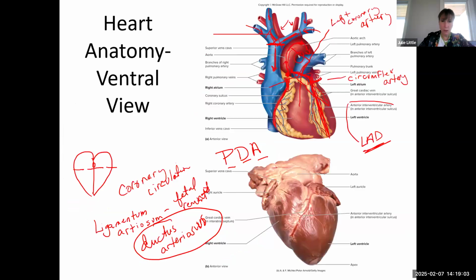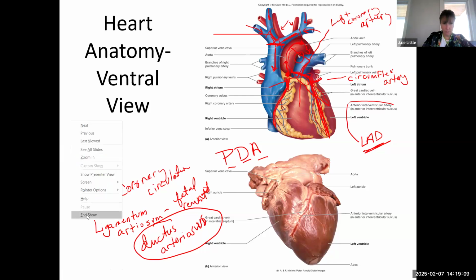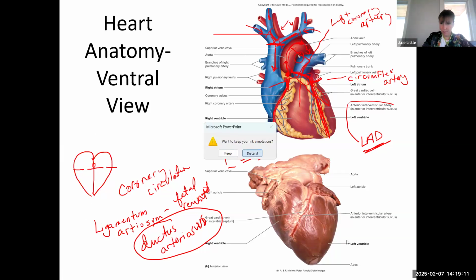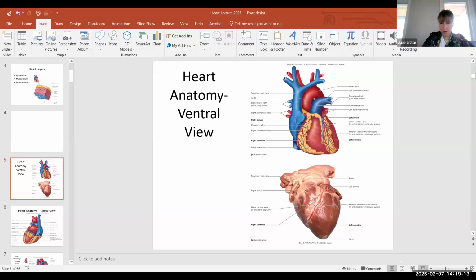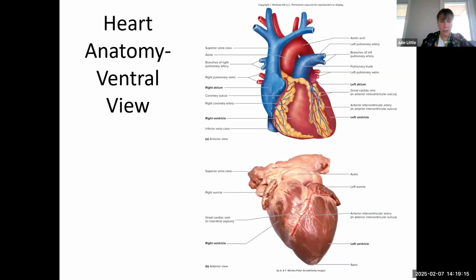And so actually, if we go back, remember that the coronary arteries are coming directly off the aorta. The aorta's got the freshest blood in it with the oxygen, low carbon dioxide, low waste, etc. So this right coronary artery is coming off. The left coronary artery is coming off, and then it's branching down.